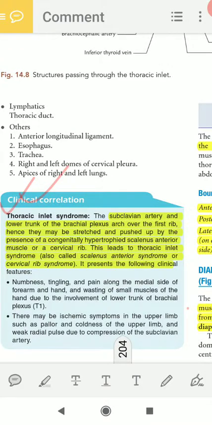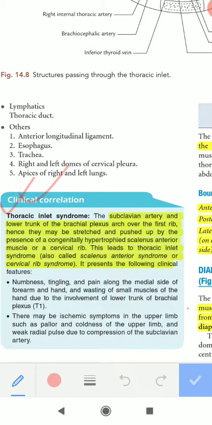So what will be the features? Due to the compression of the lower trunk of the brachial plexus, there will be numbness, tingling sensation and pain along the medial aspect of the forearm and hand, as well as wasting of the small muscles of the hand due to involvement of the lower trunk of the brachial plexus.